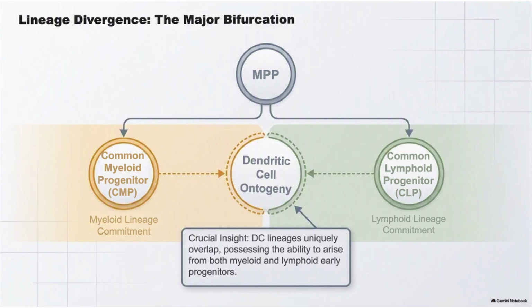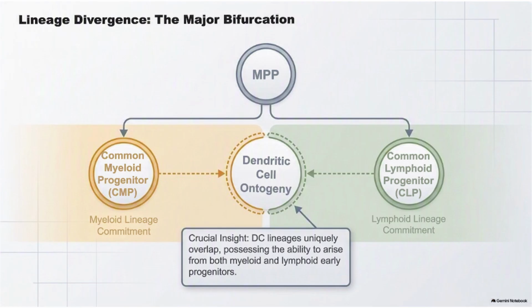This division is useful because it helps explain why cells that eventually look and behave very differently are still developmentally related. But I want to add an important caveat. The actual process of hematopoiesis isn't quite as simple as a family tree with two perfectly defined branches. Lineage commitment occurs progressively, and some immune cell populations don't fit neatly into the traditional diagram.